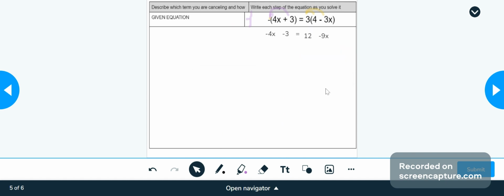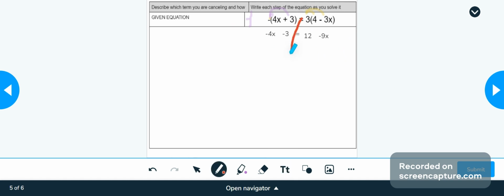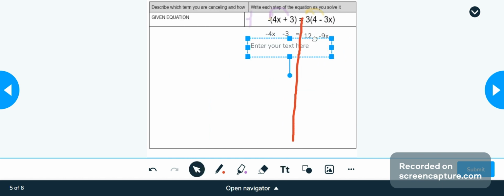Our goal now is to be able to get fewer x's by getting rid of whichever x is smaller. All right. So, negative 4x and negative 9x. The negative 9x is smaller. It's farther away from 0.